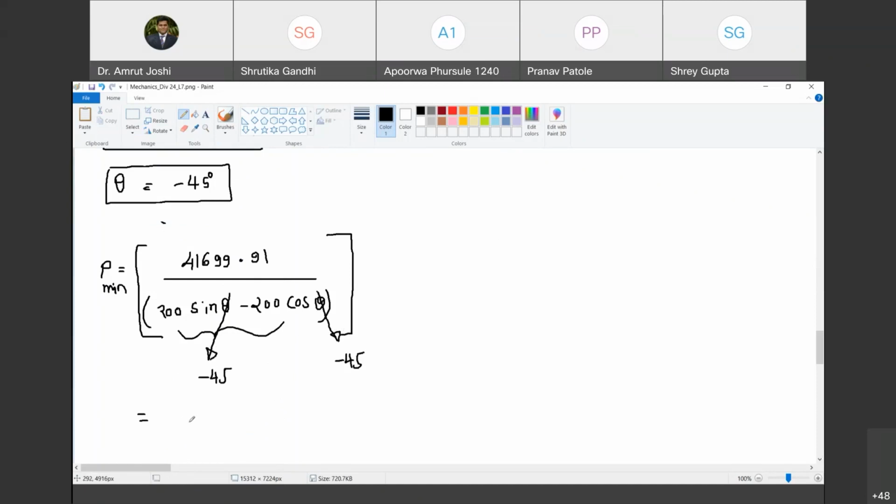So it is 41699.91 divided by, in bracket, 200 sin of minus 45 minus 200 cos of minus 45. Ensure that your calculator is in degree mode. If it is in radian mode, then accordingly substitute the value of angle.